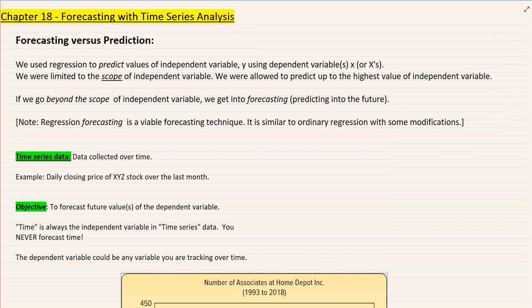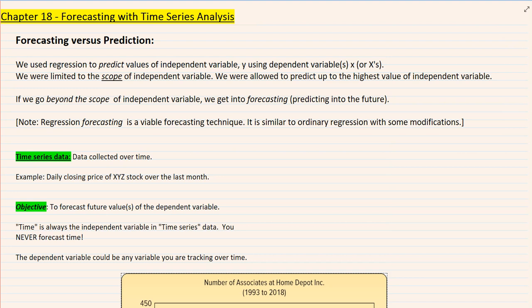Or we can think about retail sales at Walmart. You can look at the earnings of companies over the quarters, monthly, quarterly, or annual earnings over time. So the objective again is to forecast future values of the dependent variable.